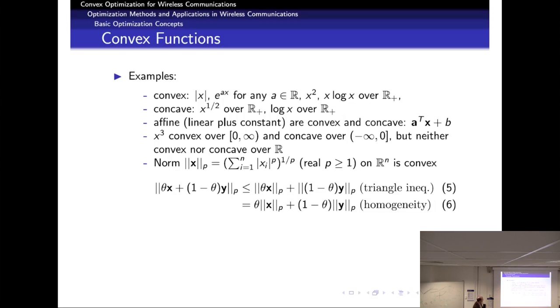And how can you show this? Well, you take any two points x, n dimensional, you take the linear segment between those two, and you have to show that this would be smaller than the chord that is obtained as follows.